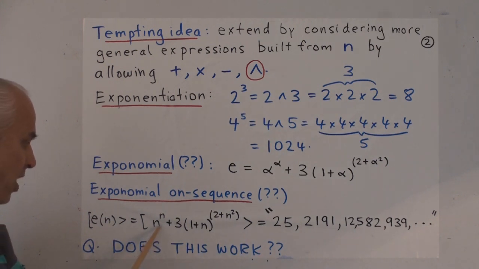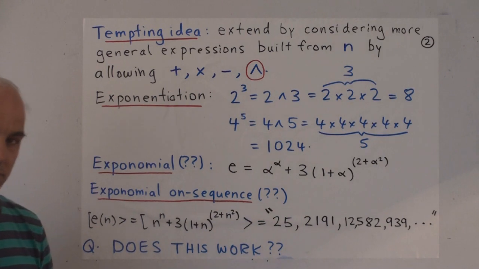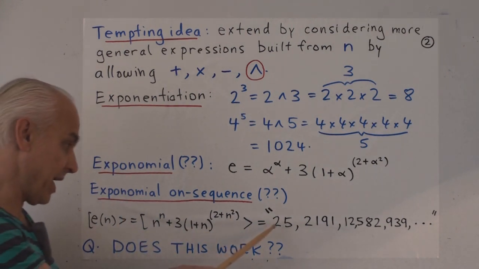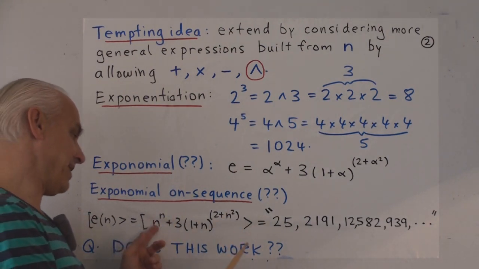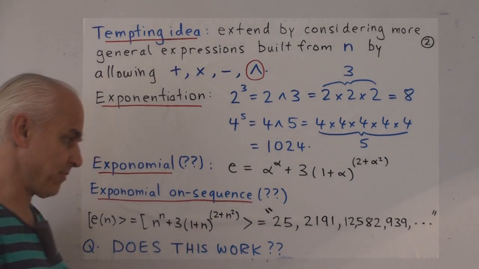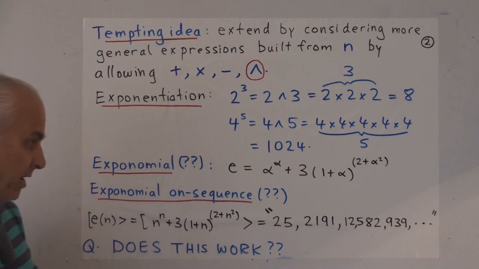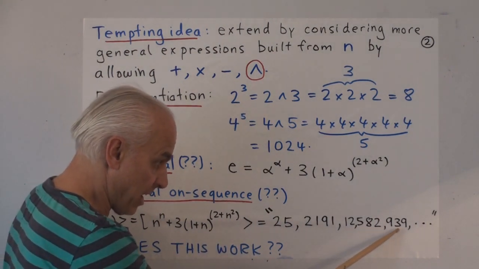So altogether this would be 1 plus 3 times 2 cubed. 2 cubed is 8. 3 times 8 is 24. Add 1, we would get 25. The next element in the sequence would be what you'd get when you replace the n with a 2. In this case, 2,191. And then n with a 3, in which case you get 12,582,939.